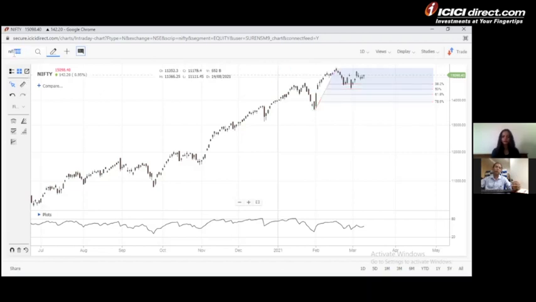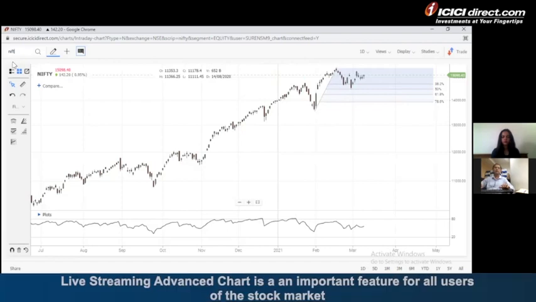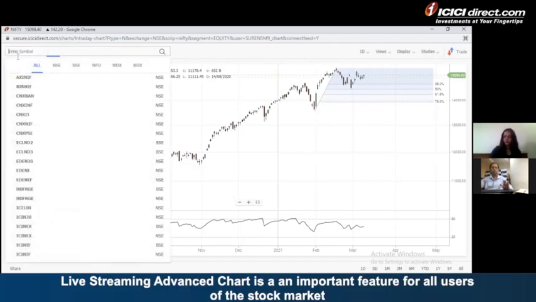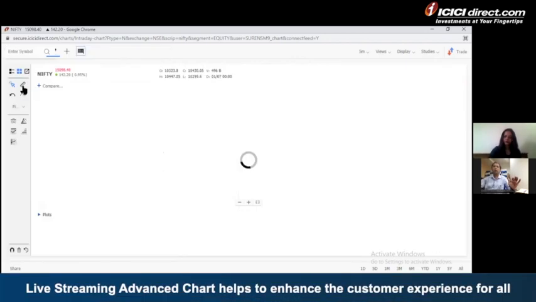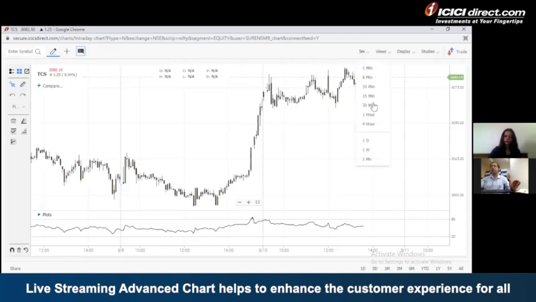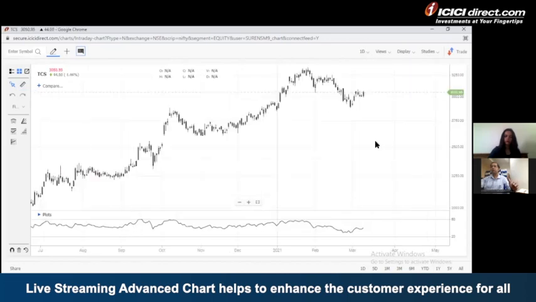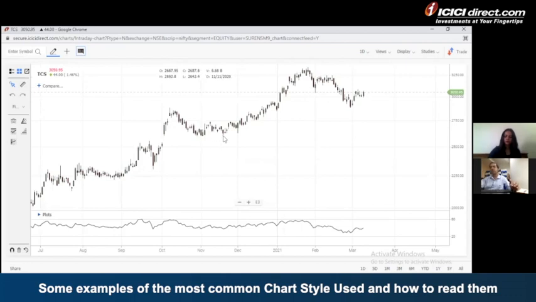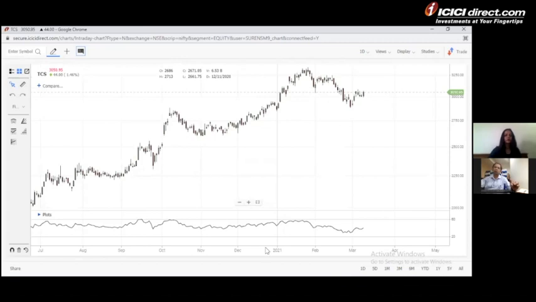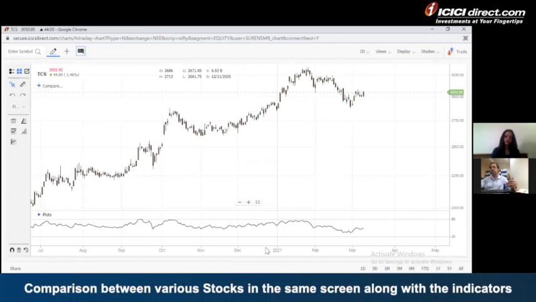Just I would like to give you one example of TCS. Just a live example I will try to talk about. TCS has been in consolidation, I would say, for a long time. Whenever you want to plot something, see, we are not doing teaching, this is not learning, this is just for the knowledge part.